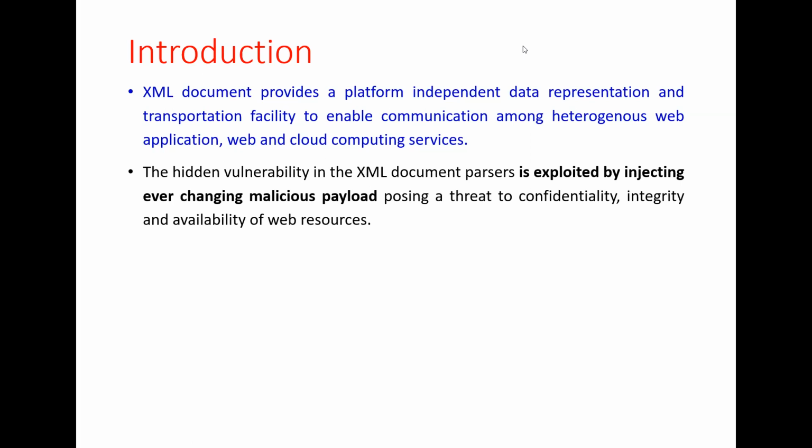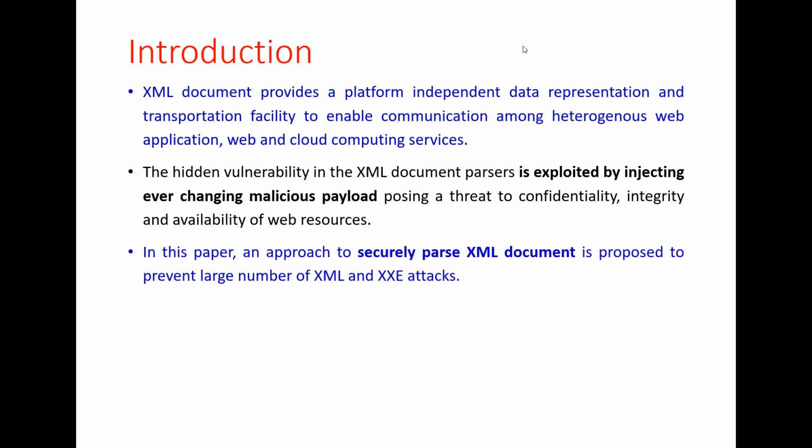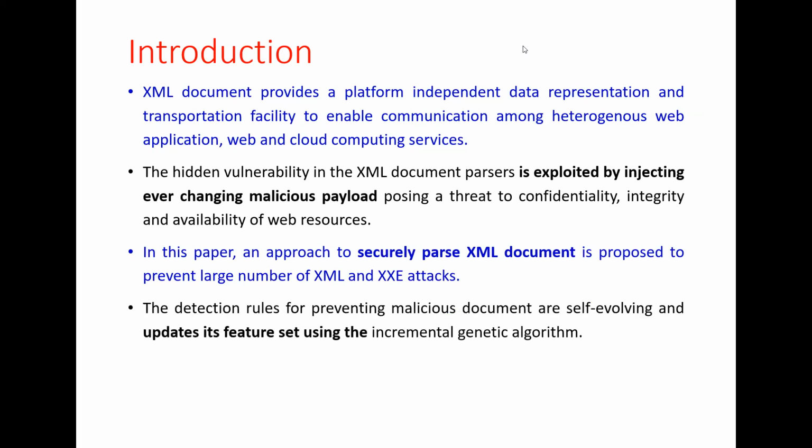Moreover, existing security mechanisms cannot detect malicious payloads injected with newer patterns, as attackers keep changing the attack payload through newer features and attack methods. Hence, in this paper, an approach to securely parse XML documents is proposed so that a large number of XML as well as XXE attacks can be prevented.